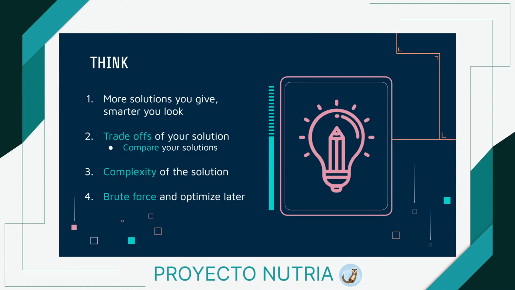And if you have multiple solutions, you need to mention the trade-offs of your solutions. For example, let's say my first solution is in linear time, but it requires a lot of space. And my second solution is, I'm not sure, quadratic, but it's not going to use extra space, right?